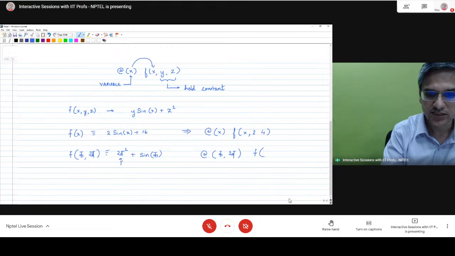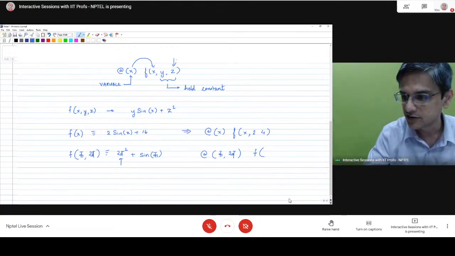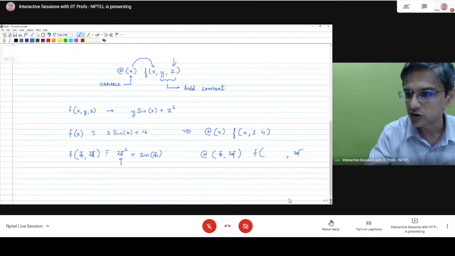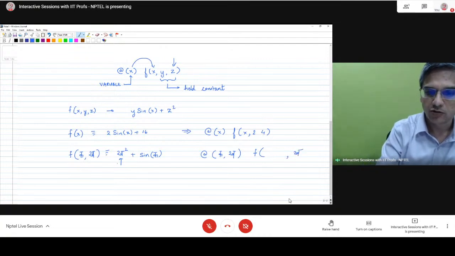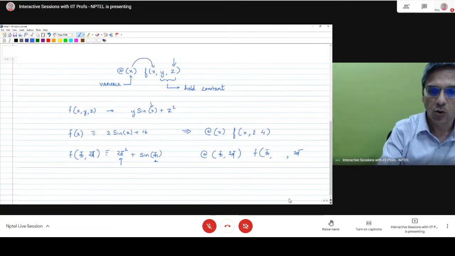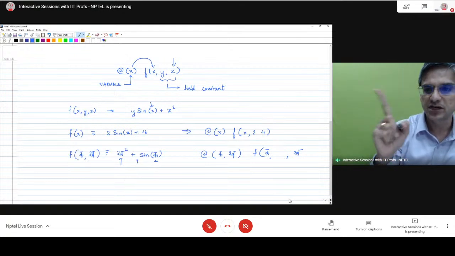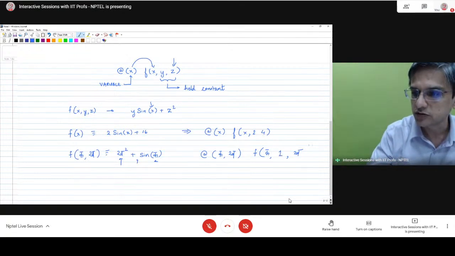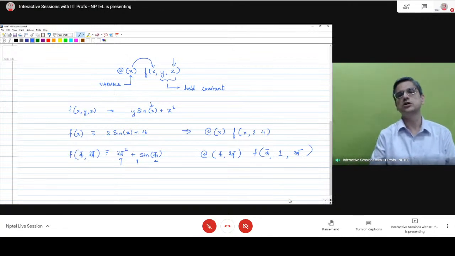Now this is k squared, right? Where does k come? What is squared over here? Z. Okay, so I'll put this as k. Okay, what's k over here? It's the first argument. I'll put k over there. Okay, what is this being multiplied by? It's being multiplied by 1. I will put 1 over here. Okay, this is what it would be.